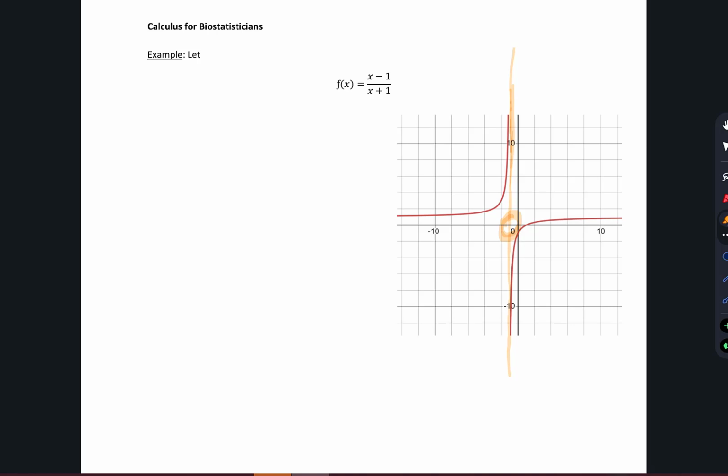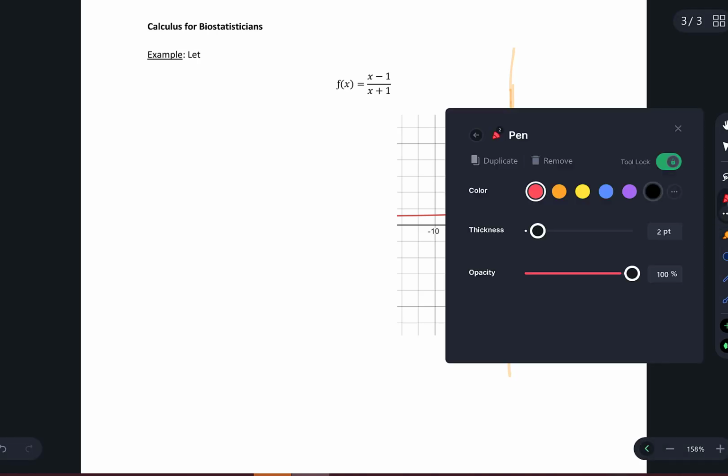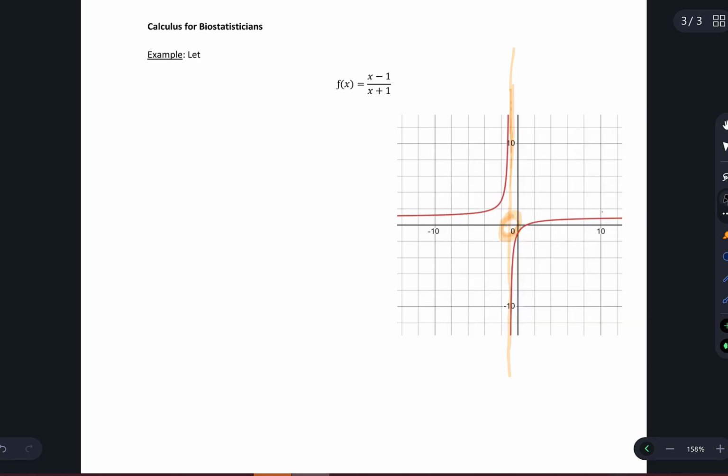Now, that's not to say at other points we couldn't take the derivative. So for example, suppose we wanted to take the derivative at x equals 10. At x equals 10, we would be perfectly fine. We could definitely consider a point t. We could look at t minus h, and up here we would have t plus h. We could consider looking at that secant line.